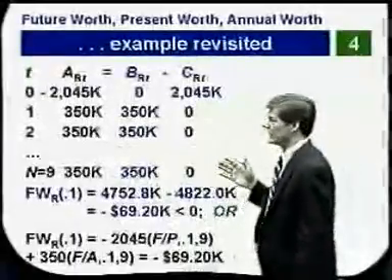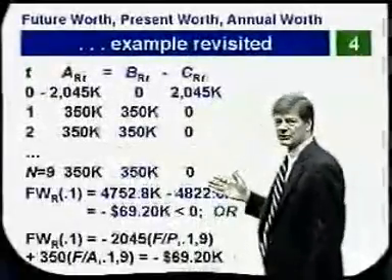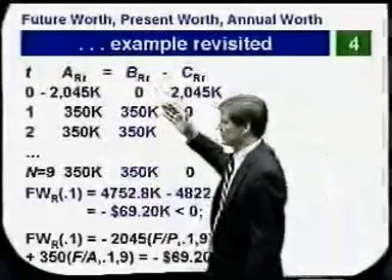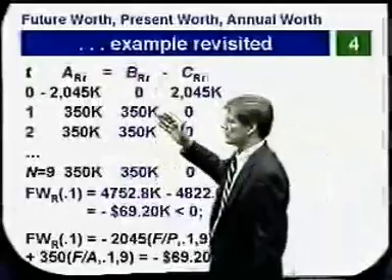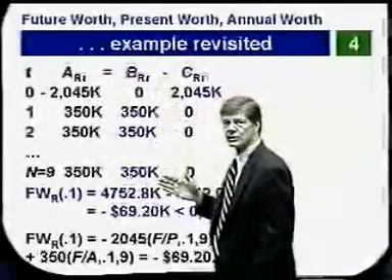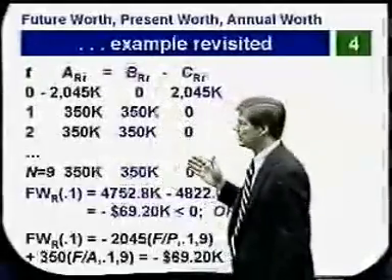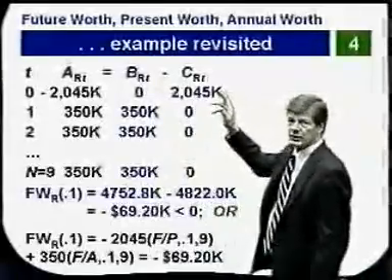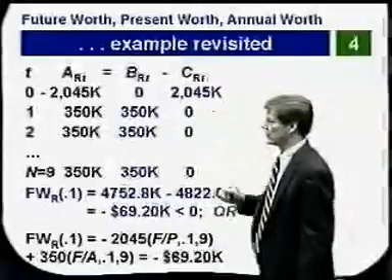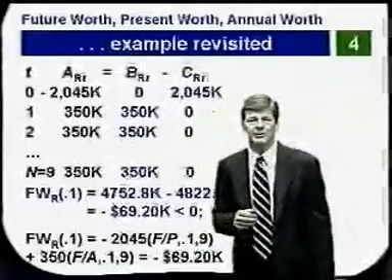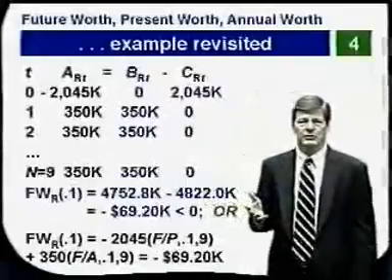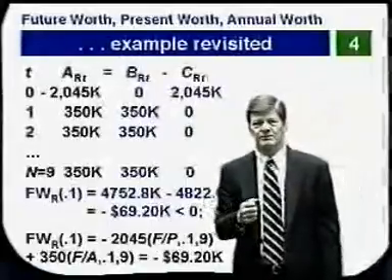And we could also identify its component benefit series and cost series as shown here. The benefit series is the $350,000 in savings I will have each year for the next 9 years. The cost series is shown here, and that is simply the singular cash flow of $2,045,000 at time 0.